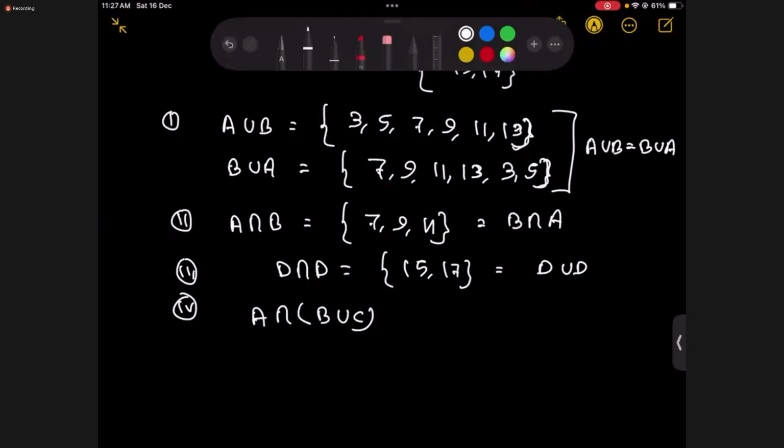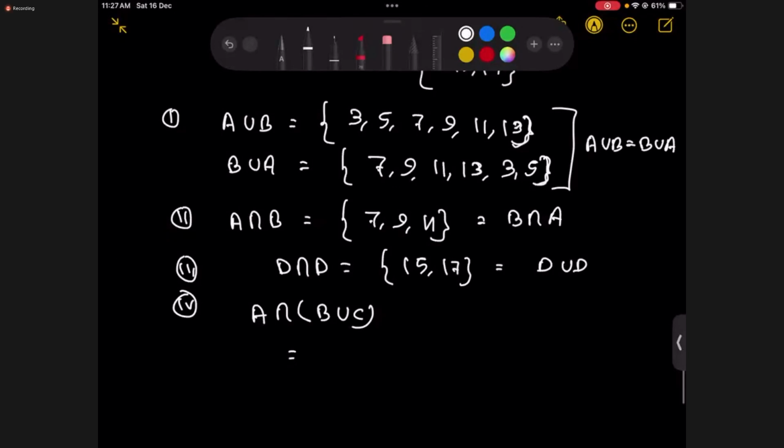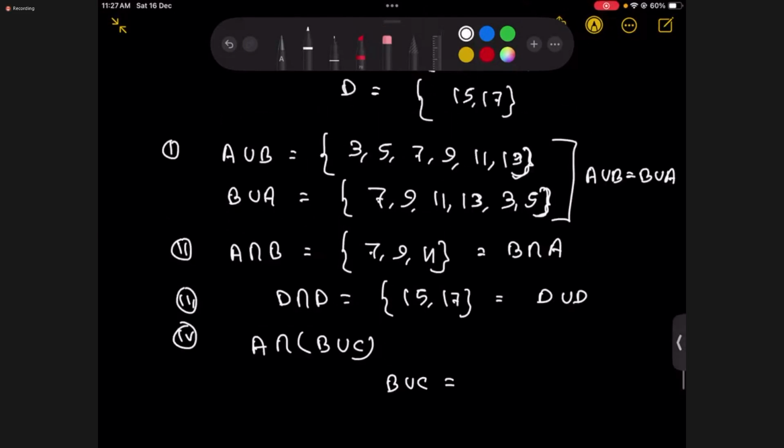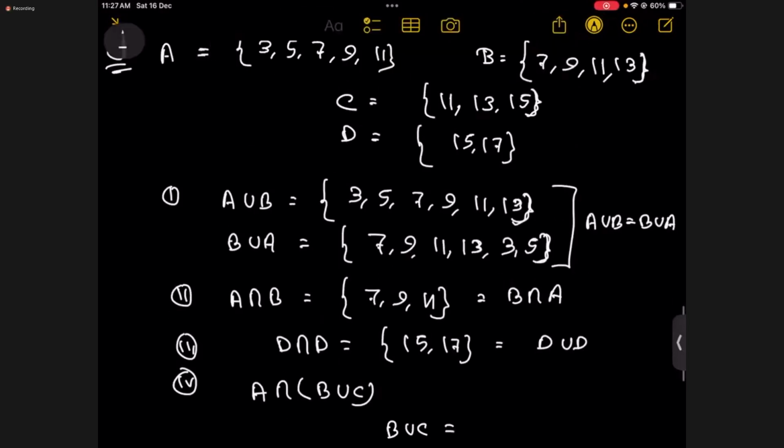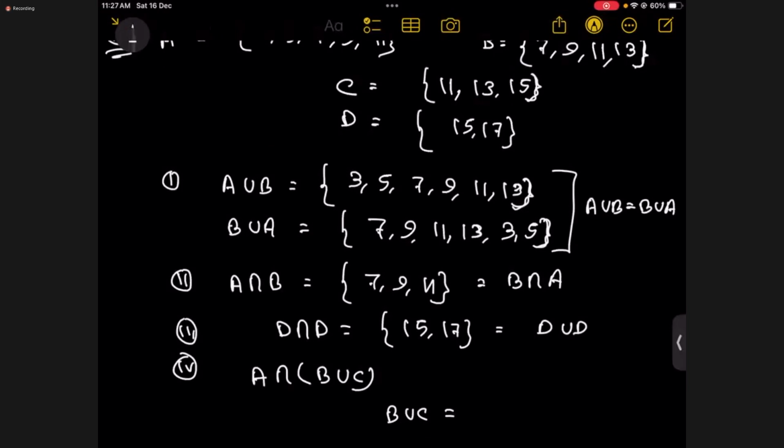So first, find what is A intersection B union C. What is our B union C? B union C represents the collection of all these sets, like 7, 9, 11, 13, 15.